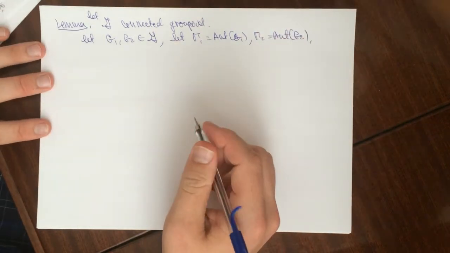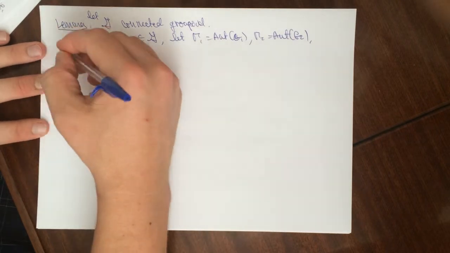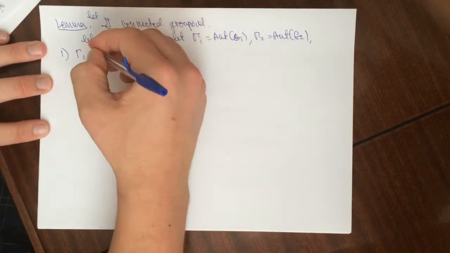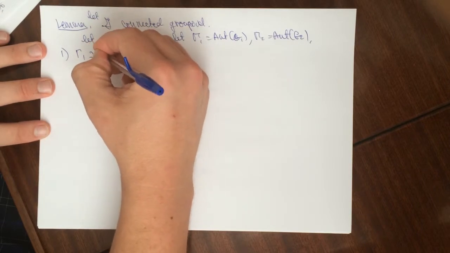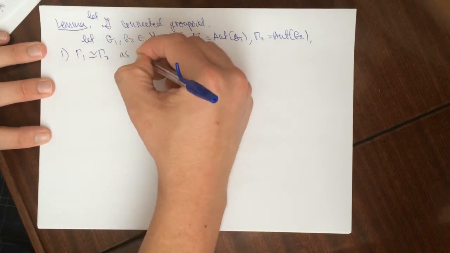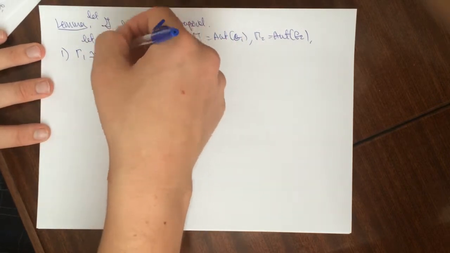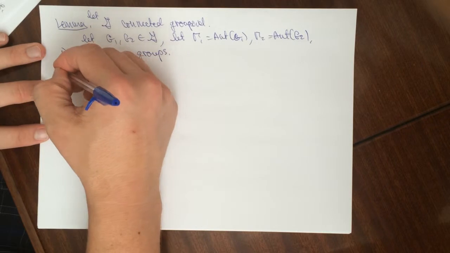So one is that gamma 1 and gamma 2 are isomorphic as groups. So the automorphisms of one object are the same as the automorphisms of the other object.